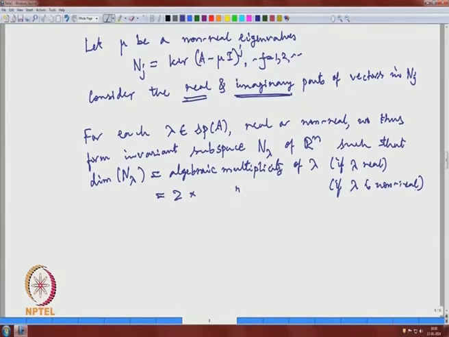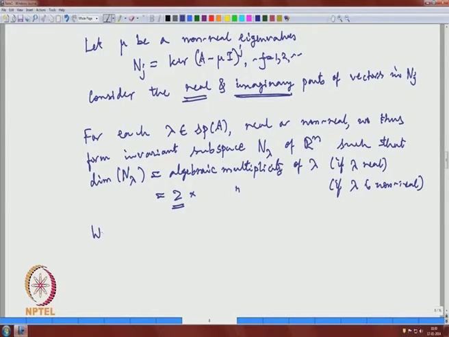Because when lambda is non-real, lambda bar is also an eigenvalue, so it has to be counted twice. They are all invariant under A.